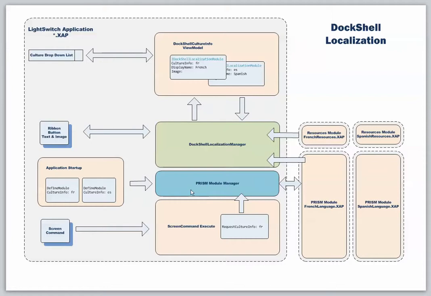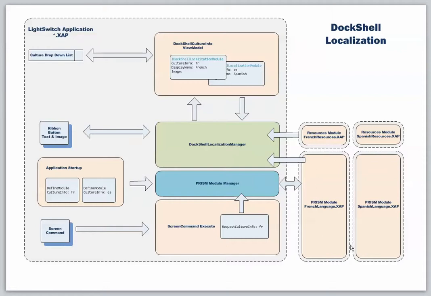Essentially, we're going to be telling Prism about a couple of external modules that sit outside of the core application, so outside of the LightSwitch ZAP application, which all LightSwitch applications for Silverlight ultimately compile into.